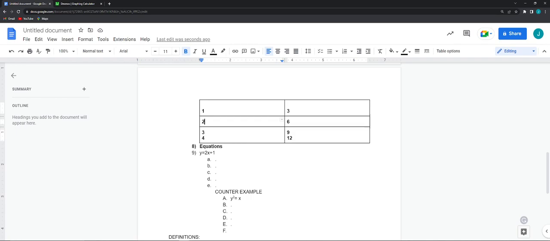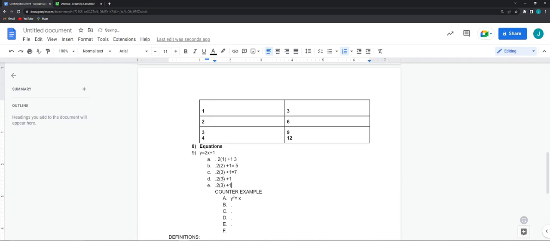Now for equations, to make sure they have one consistent output, you would solve them. So for here, we'll do 2 times 1 plus 1 equals 3. 2 times 2 plus 1 equals 5. 2 times 3 plus 1 equals 7.